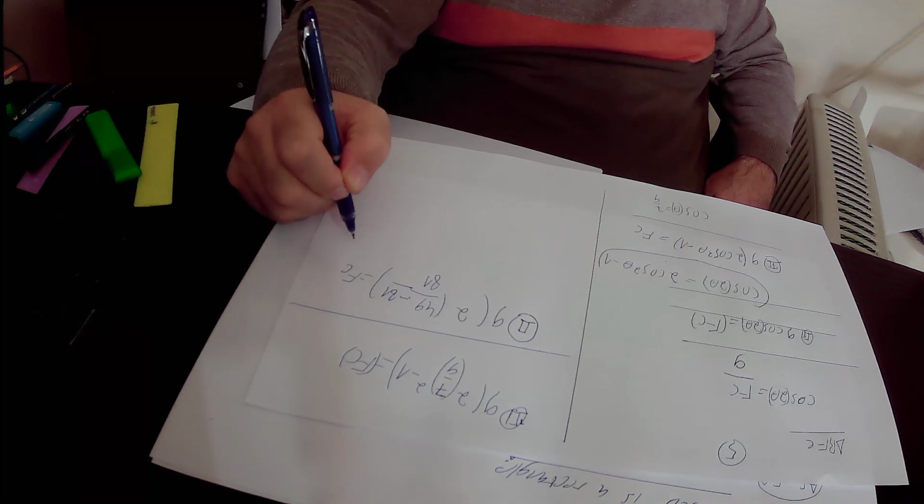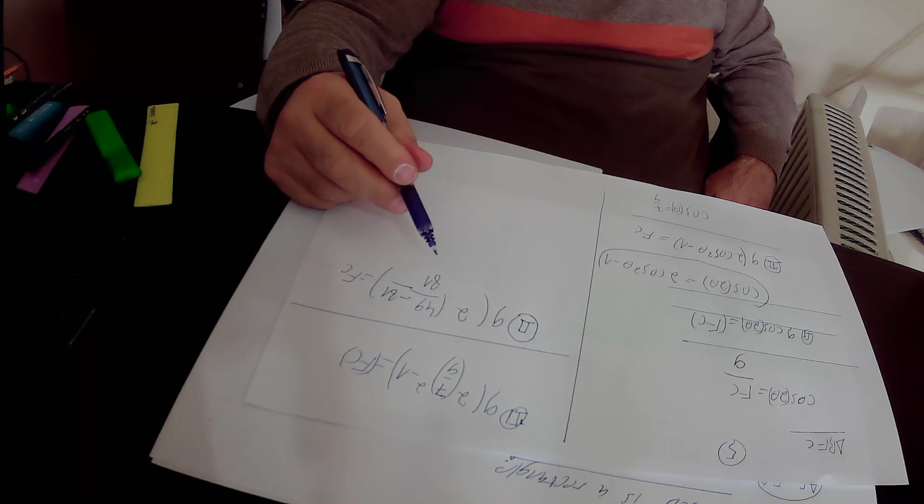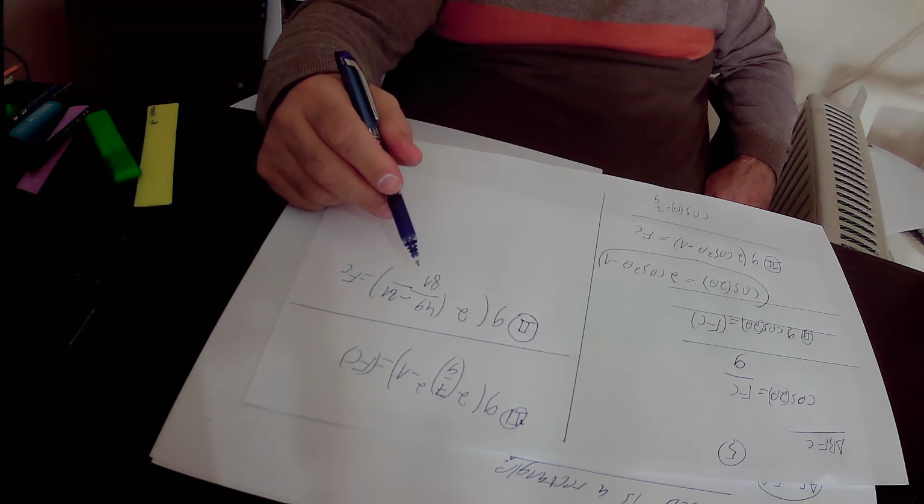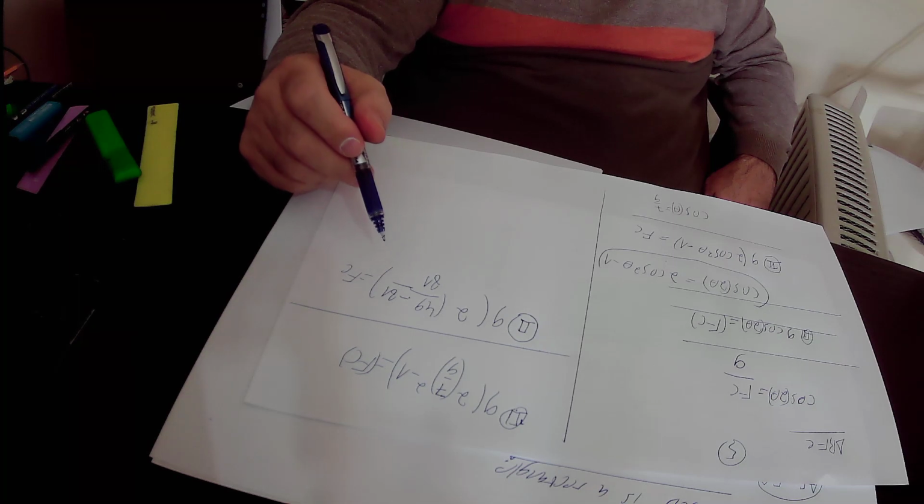So we found out that FC equals 9 times (2 times 49 minus 81) over 81.